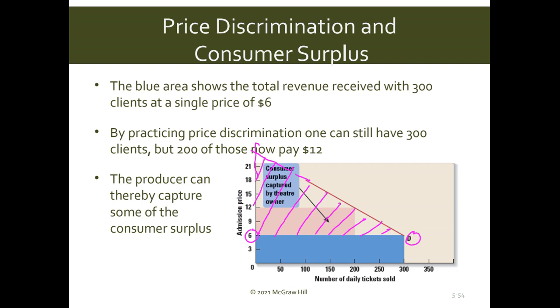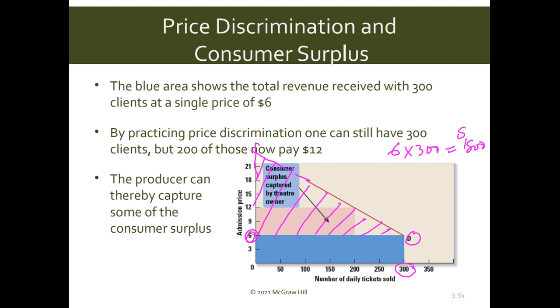But what is the total revenue that this seller is earning? It is so easy. 300 is the total number of tickets sold, and each ticket is $6. So 6 times 300 is $1,800.